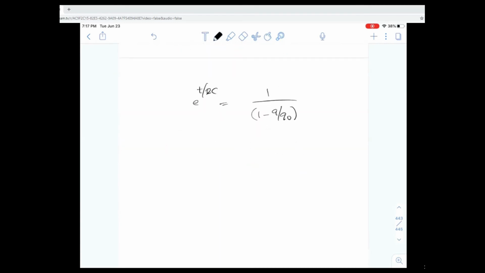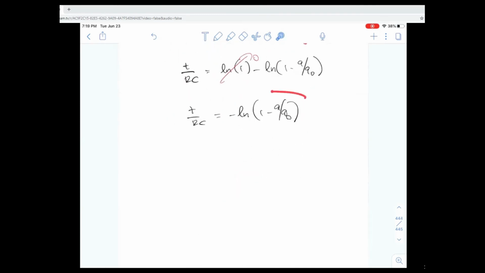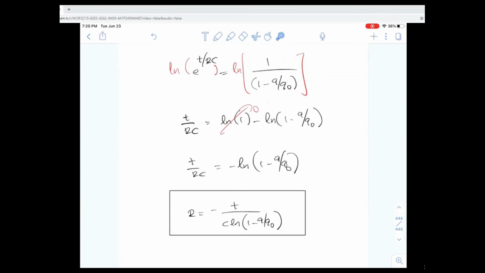Now I get rid of the e by taking the natural log of both sides. Natural log of 1 is 0, so that drops out. Now isolate R by switching those two terms, and R is isolated on the left hand side. So that's the approach.